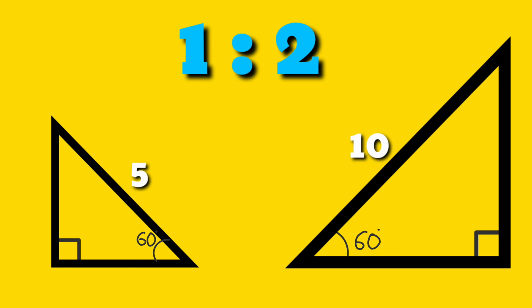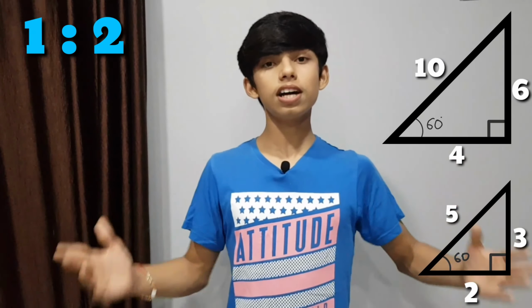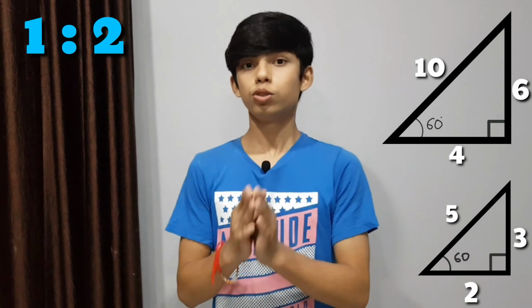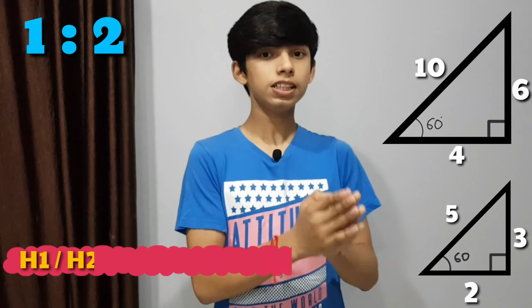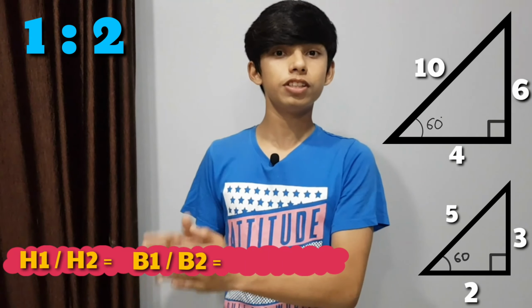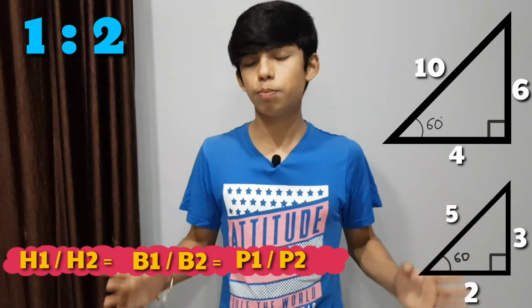It means that if the base of this triangle is 2, then here it's going to be 4. If the perpendicular is 3, then this is going to be 6, right? So you can see that the ratios of all the corresponding sides are the same, in this case 1:2. So it means that hypotenuse 1 by hypotenuse 2 is equal to base 1 by base 2, and this is equal to perpendicular 1 by perpendicular 2. So that was simply AA similarity, and that's what I wanted you to understand.